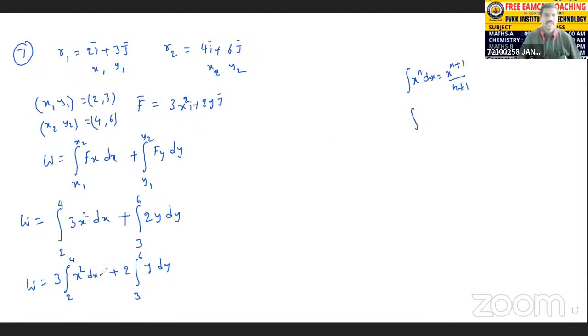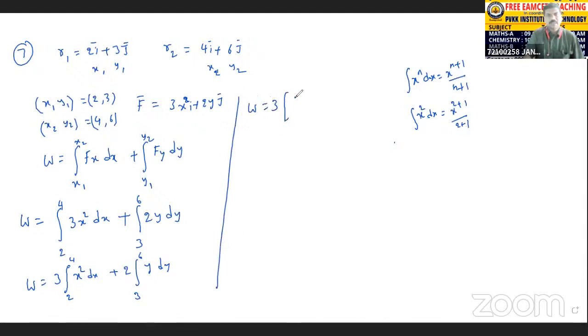Similarly, the integration of x squared dx is x power 2 plus 1 by 2 plus 1, x cubed by 3. So W is equal to 3 into x cubed by 3 with the limit 2 to 4, plus 2 into the integration of y dy, which is y squared by 2, with the limit 3 to 6.